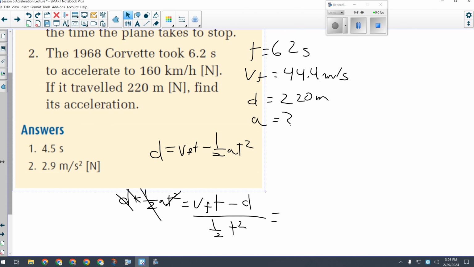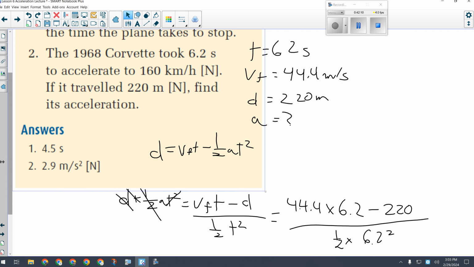When I plug in my numbers, I'm going to have 44.4 times 6.2 minus 220 divided by 1/2 times 6.2 squared. When I do that, I should get 2.9 meters per second squared north, because everything in the question was given to me in north, even though I forgot to write that.